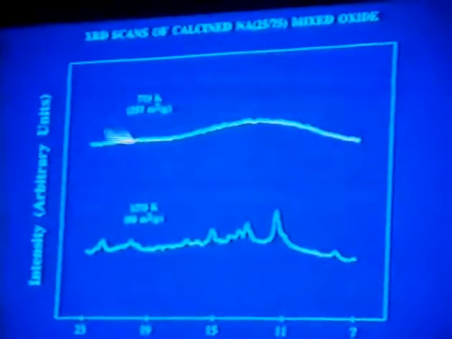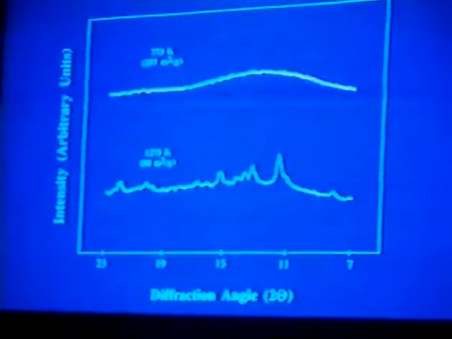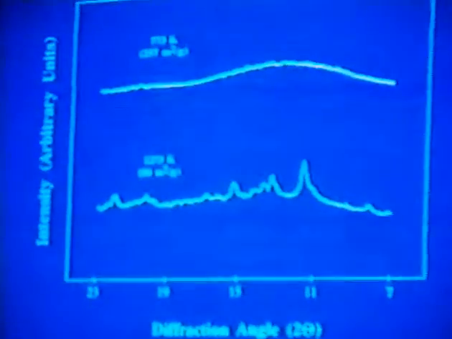Another feature of these mixed oxides is that after the low temperature calcination, they are all X-ray amorphous, and this particular sample, the 25-75 mixed oxide, as calcined has a surface area of about 260 square meters per gram.